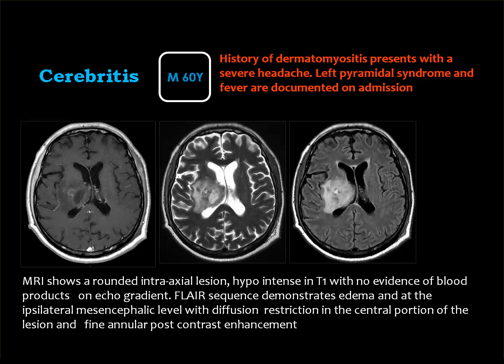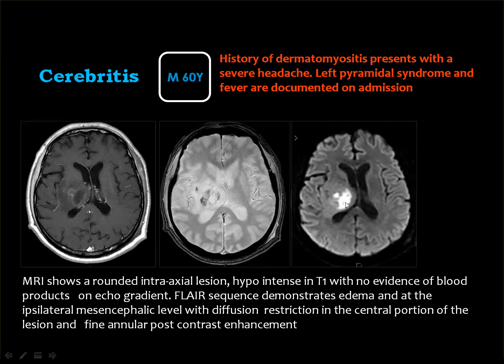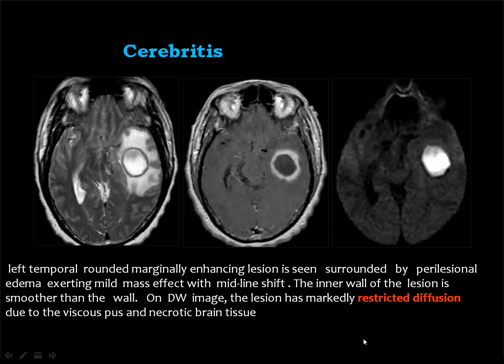This is the scenario. But if the lesion has liquefaction and marginal enhancement with diffusion restriction, then you know that you are dealing with an abscess. And this is the classic appearance of an abscess: a marginally enhanced lesion with diffusion restriction. And you should remember that the abscess in the T2 weighted image has a low signal wall.